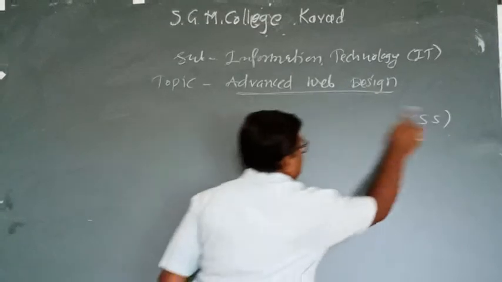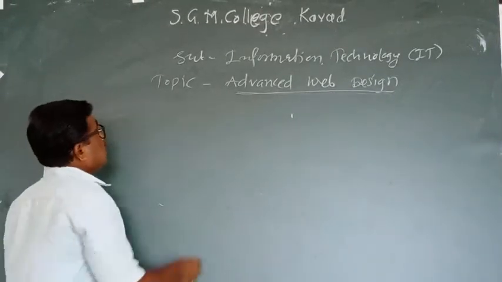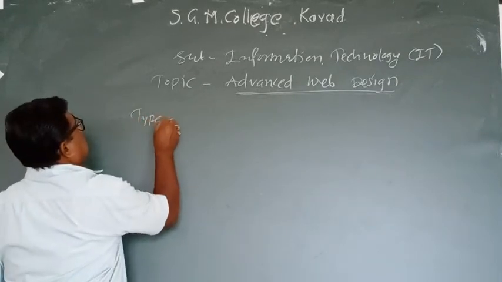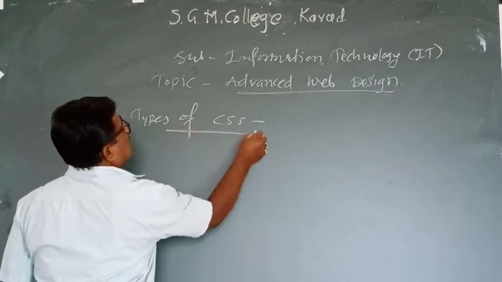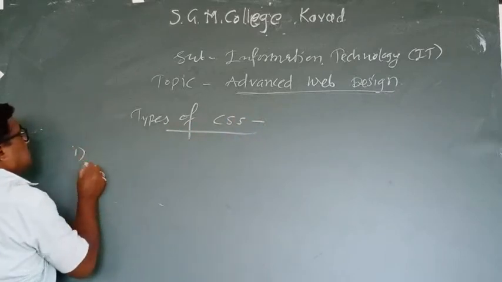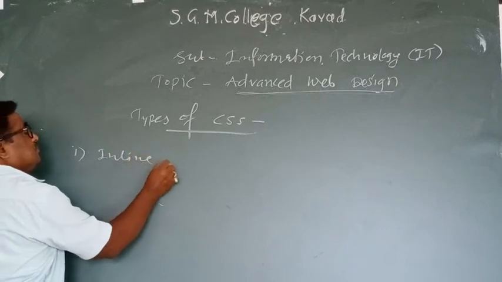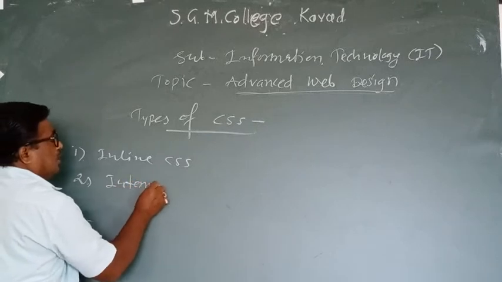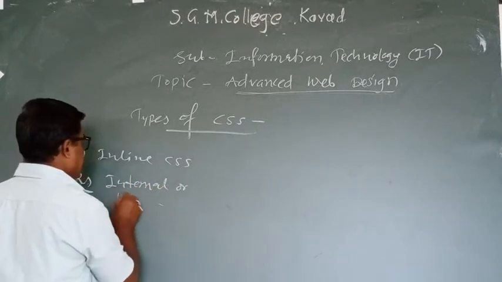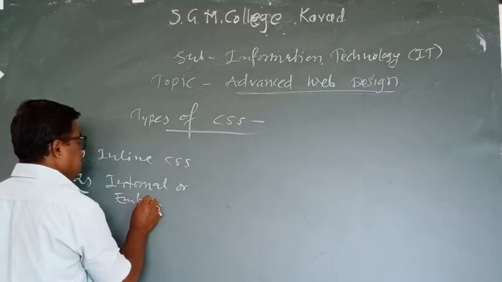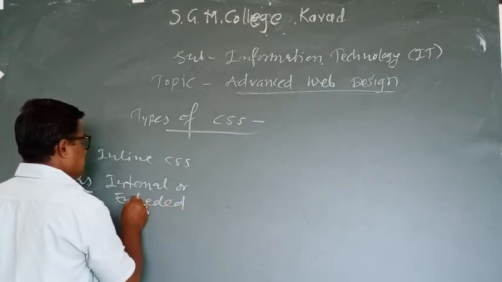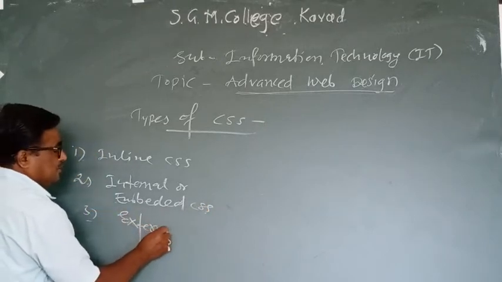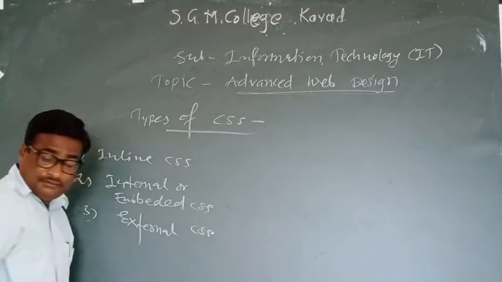Then types of CSS. There are basically three types. First is inline CSS. Second is internal or embedded CSS, and third one is external CSS.